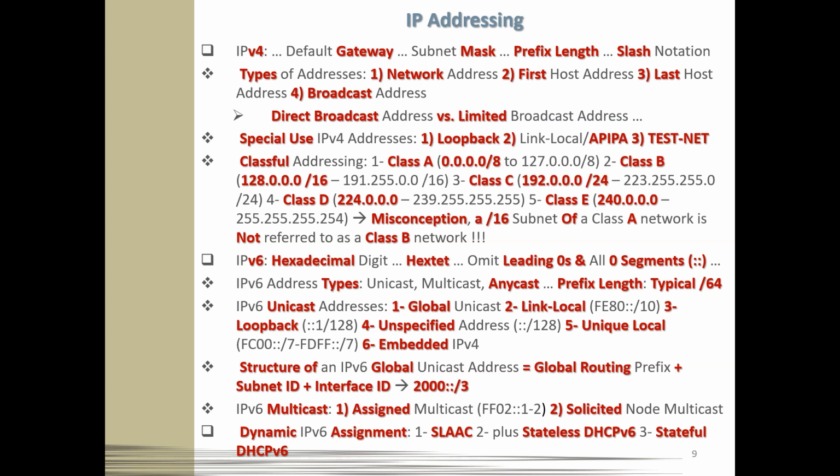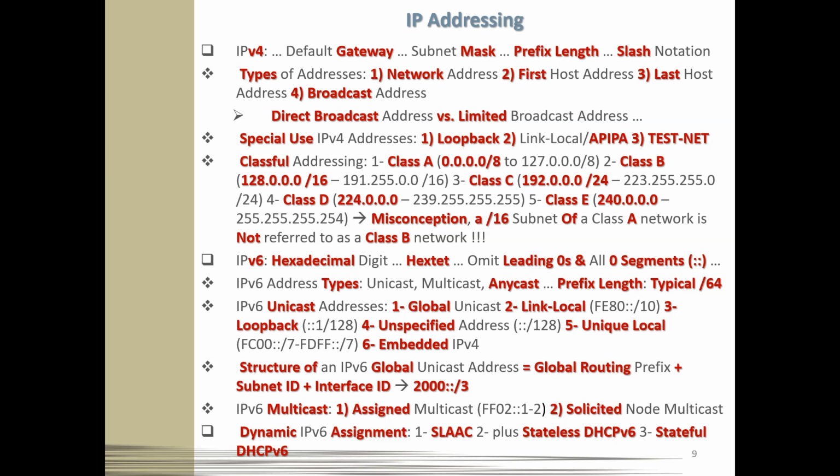The early RFC 790 back to early 1980s, 1981 in particular, defines classful addressing. So internet IPv4 addresses were assigned using classful addressing, and we have 5 different classes.